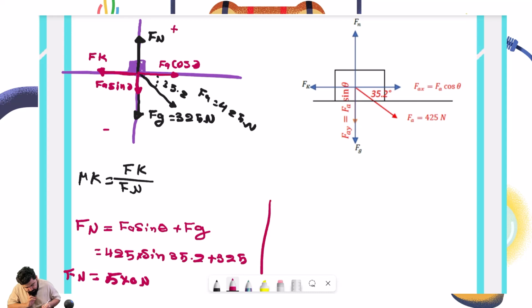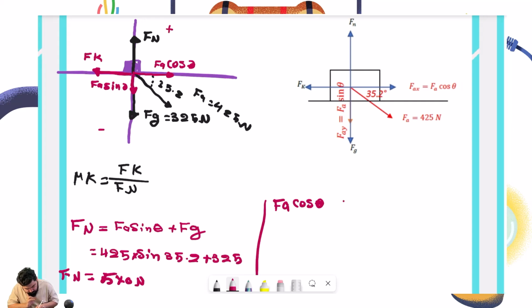Newton. Let's find Fk too. So with Fk, what do I have? We have Fa cosine theta. And what do I have on the other side? We only have Fa cosine theta, and we have Fk.